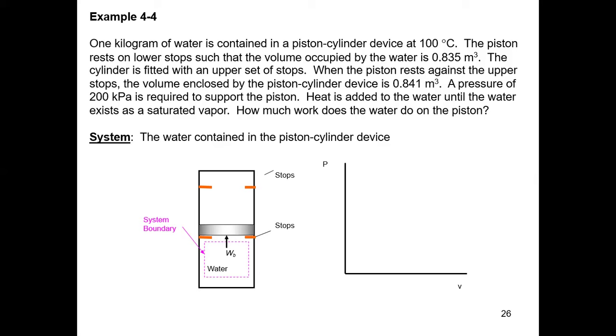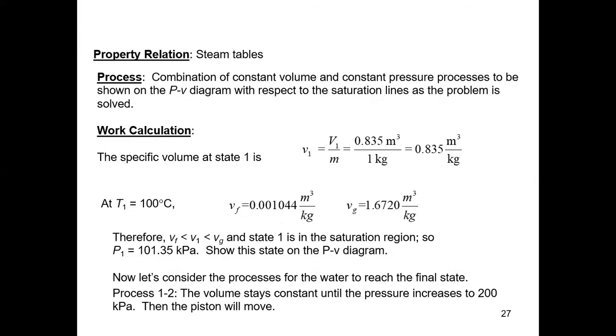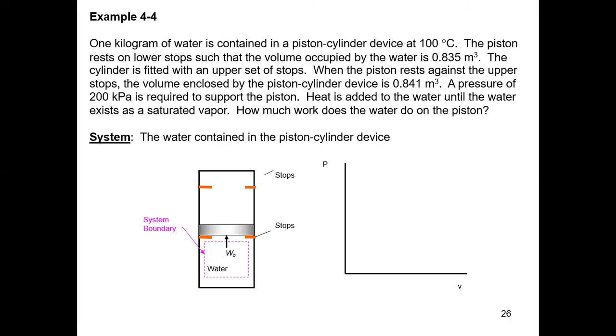A pressure of 200 kilopascal is required to support the piston. Heat is added to the water until the water exists as a saturated vapor. How much work does the water do on the piston?